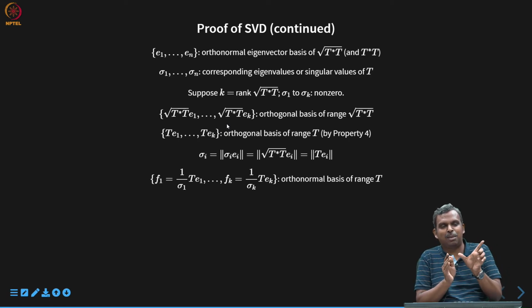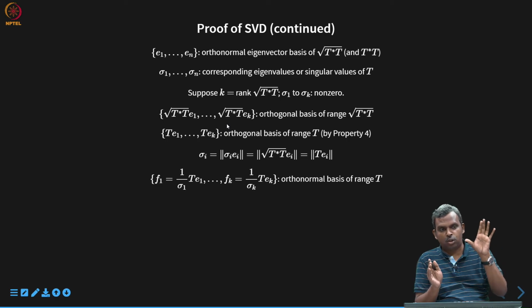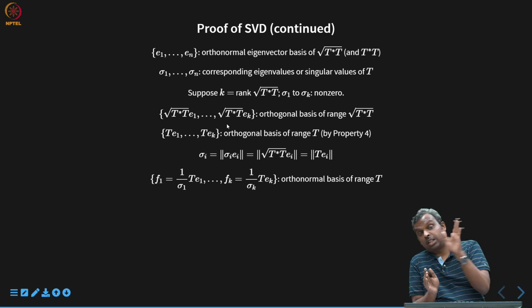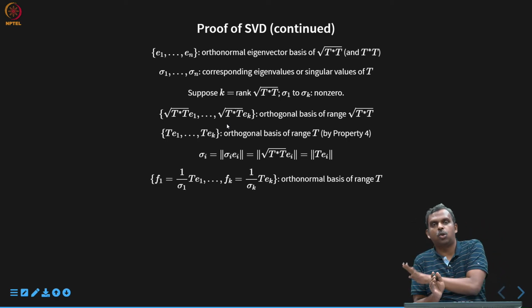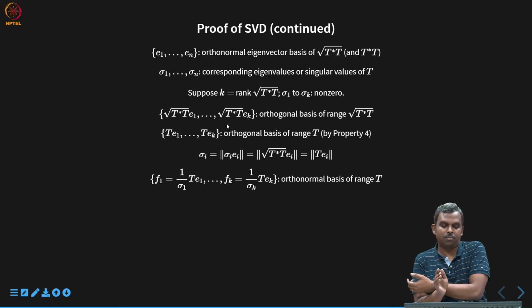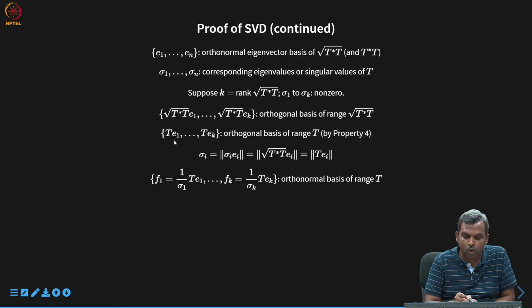This is scaled by sigma 1 or something, and then you use the S to go to range T from the range of square root T star T. So you go to an orthogonal basis, you apply S, you go to an orthogonal basis of range T. Now how do I get an orthonormal basis from the orthogonal basis? You simply divide by the norm, which is sigma 1, etc. And you call these F1 to Fk.